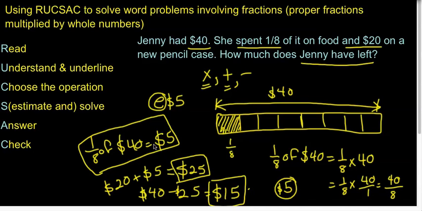It's $5, that's right. We take the 20 she's already spent plus the 5 gives us $25, that's right. 40 subtract 25, 15, yep. And the estimate is not very close. Okay, so I hope that's been of some help to you, and make sure that you use the Rucsac method to help organize your ideas. Okay, good luck.